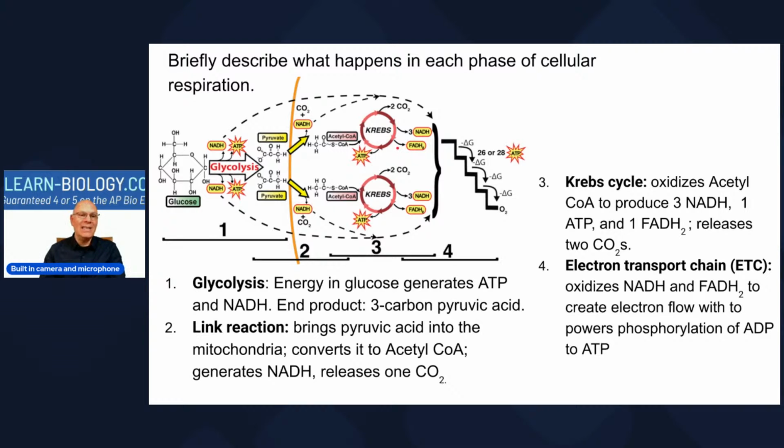Carbon dioxide is oxidized. They give up their electrons, they get oxidized, and that creates a flow of electrons that powers the phosphorylation of ADP into ATP. It's an unbelievable process, and we're going to break it down step by step in the remainder of this live review.